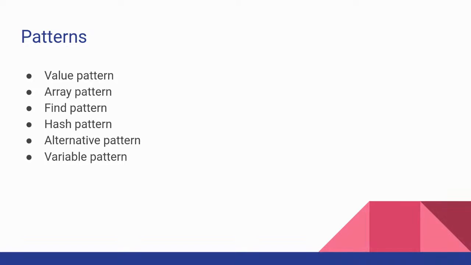They defined these different patterns as the value pattern, array pattern, find pattern, hash pattern, the alternative pattern, and the variable pattern. You're also going to notice that we had contact with a couple of these patterns already, but we're going to go over each of them.